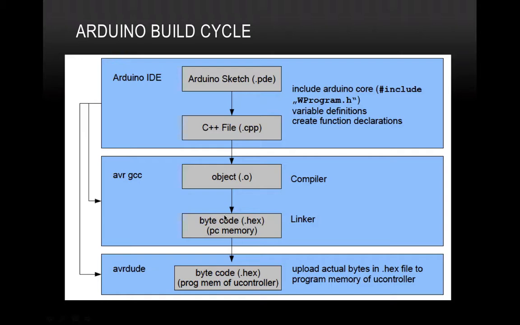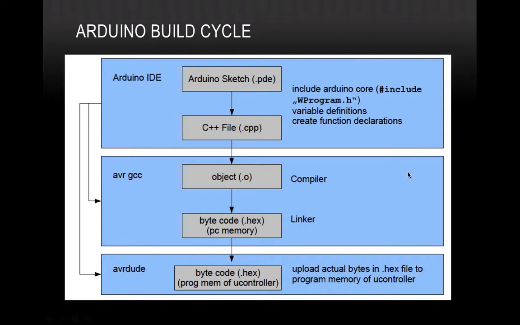So we get it as a bytecode, and then we use AVRDude, which is an AVR programmer, to burn that hex code into your microcontroller's program memory. So these are the steps involved from writing a sketch to pushing it into the Arduino hardware.